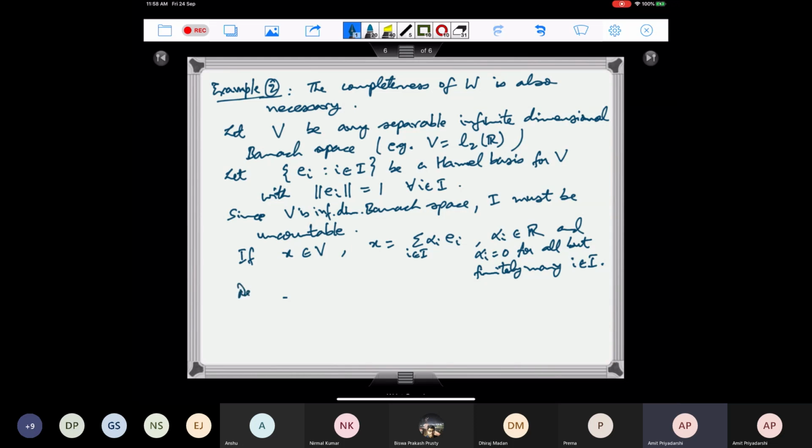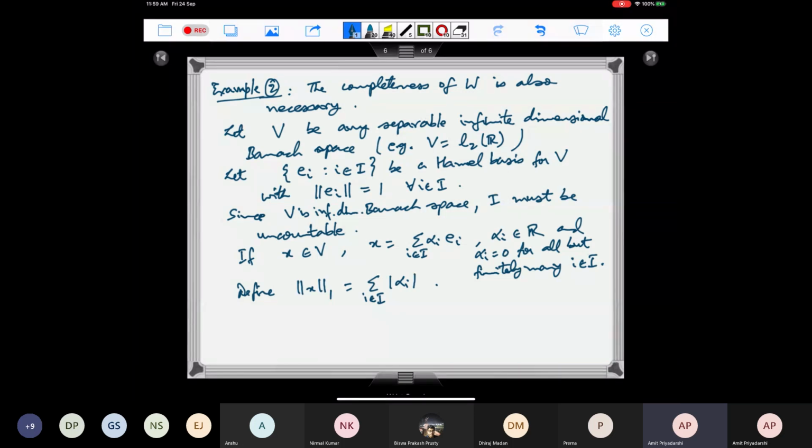So define a new norm. Norm x_1 is equal to summation of mod alpha_i, i belonging to I. So even though I am writing this summation of mod alpha_i over I, this is just a finite sum, because we are only taking finitely many of these that are non-zero.